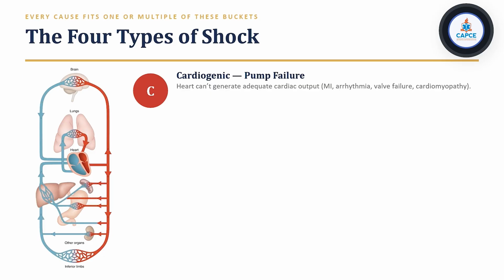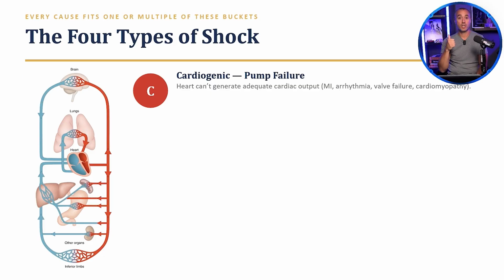It could be an arrhythmia, whether an unstable bradycardia or an unstable tachycardic rhythm that we need to intervene on right now, because that heart cannot put forward flow due to the rhythm it's in. It can be a myocardial infarction, a heart attack. It causes heart damage, poor flow. So pump failure, differential falls under cardiogenic. That pump is not working.